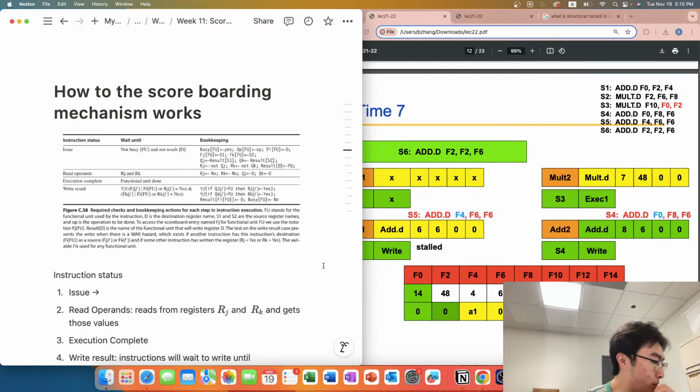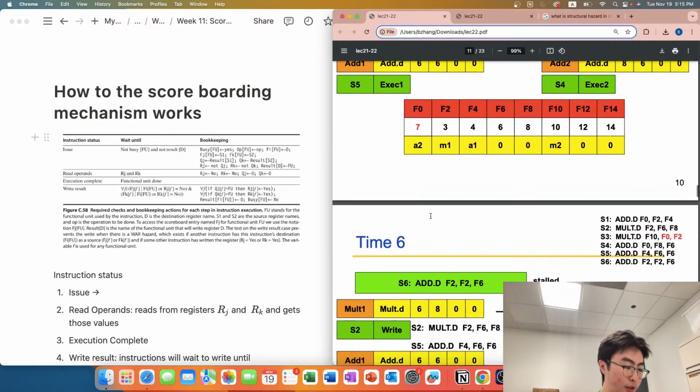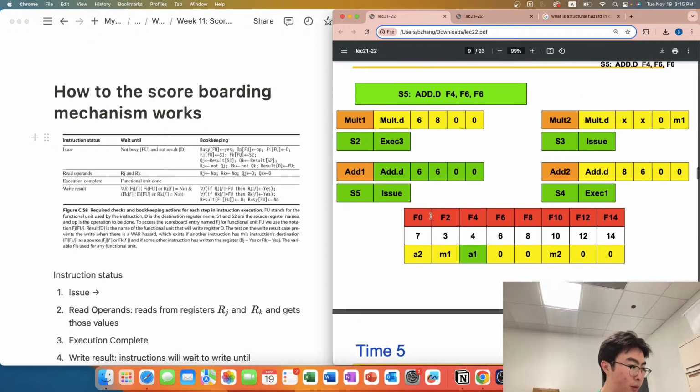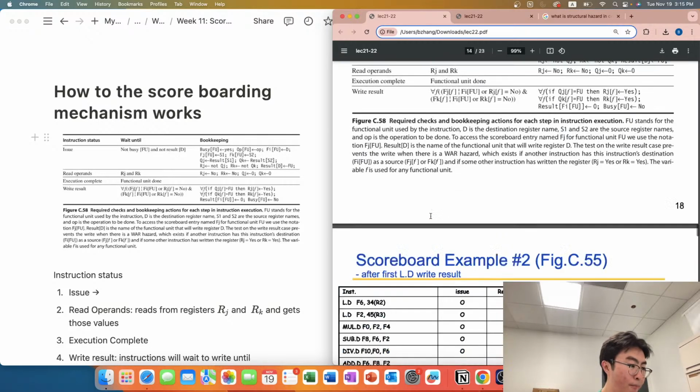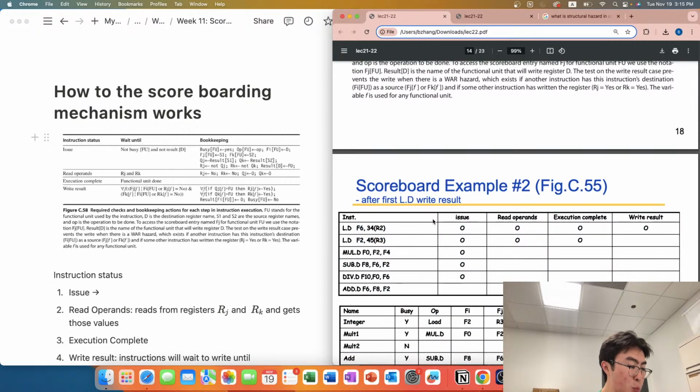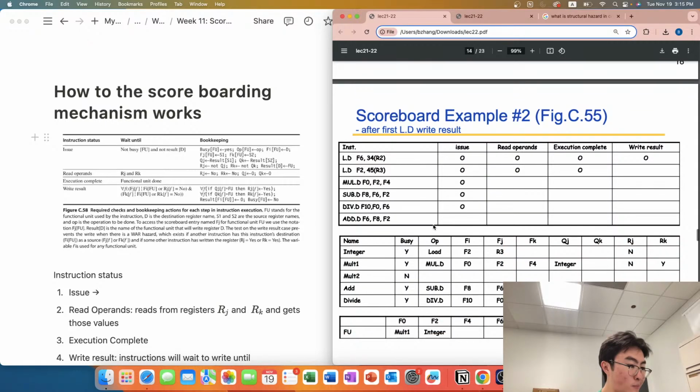Result, execution complete, read operands. Yeah, it seems like in this case they just skipped over completely the read operands part. Busy, yes, yes, yes, yes.